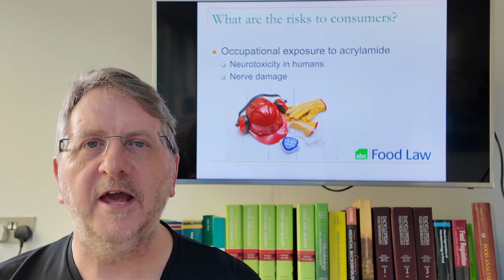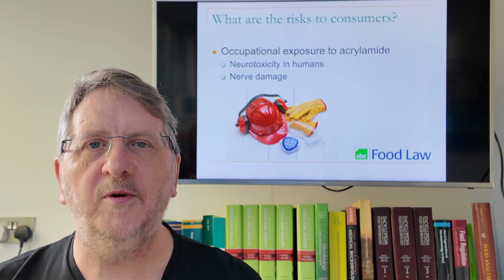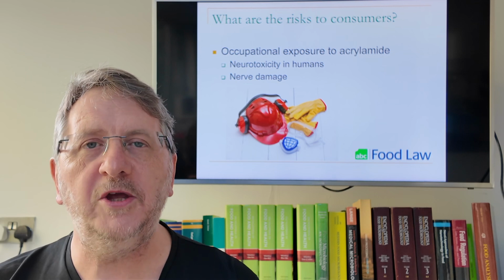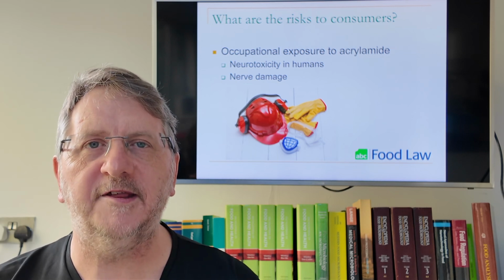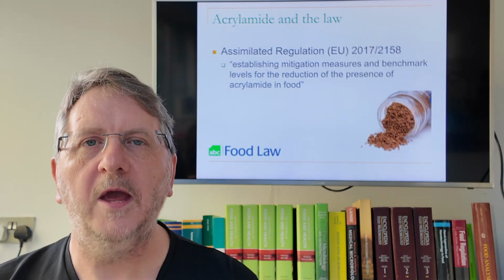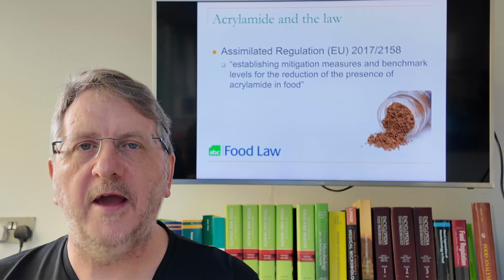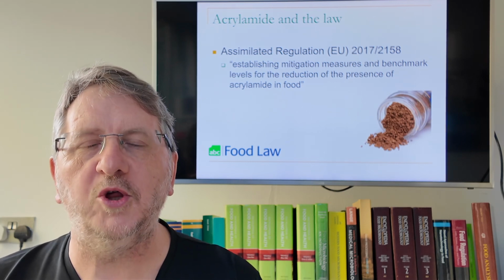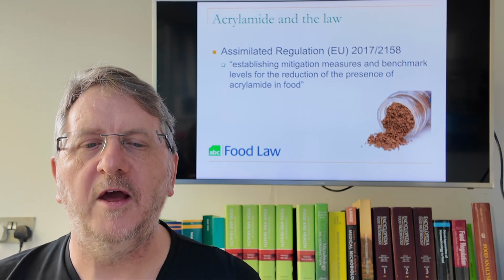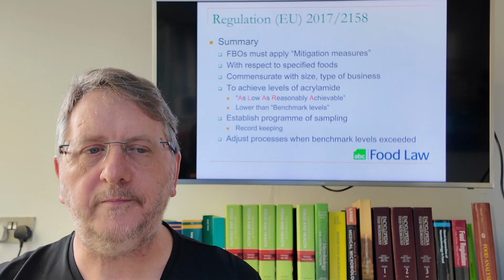What the law does is push food business operators into achieving what's known as as low as reasonably achievable levels of acrylamide by using good practice techniques. And that's the heart of the legislation. So we have a regulation there. The title of the regulation is Establishing Mitigation Measures and Benchmark Levels for the Reduction of the Presence of Acrylamide in Food.